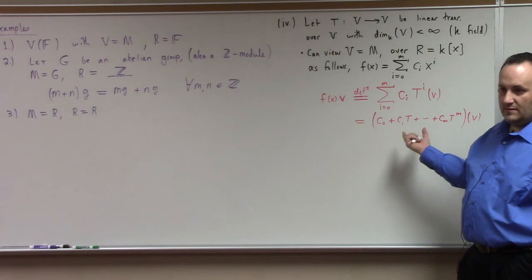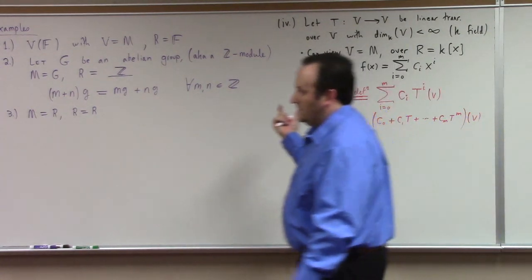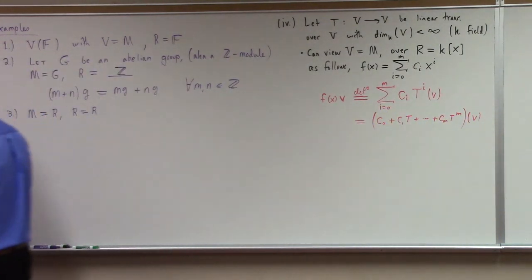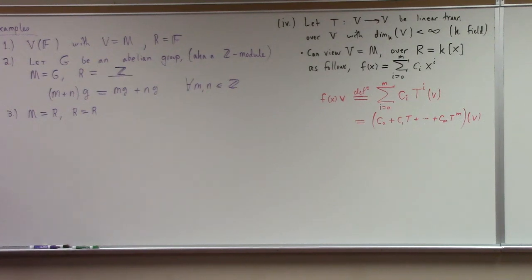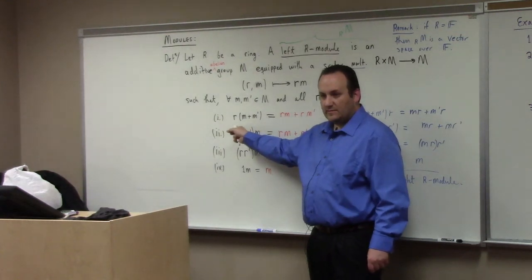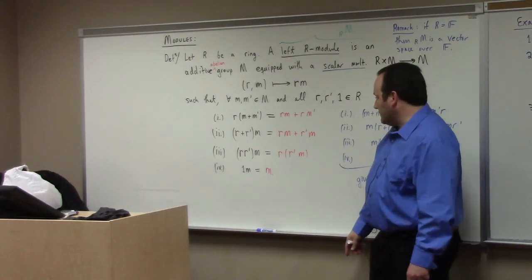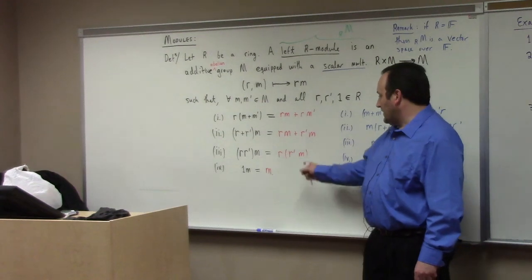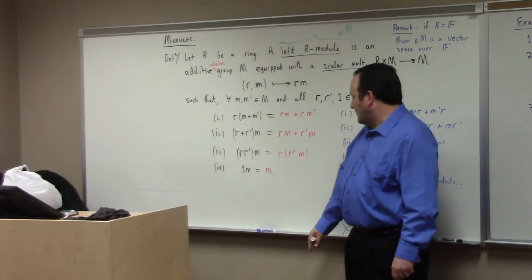So axiom 2 is going to come from just basic polynomial arithmetic, essentially, that you add coefficients and so forth. Axiom 1 for the modules is going to come from the linearity of linear transformations and their higher composites, that the composite of linear transformations is linear. How about 3? Why is that true?